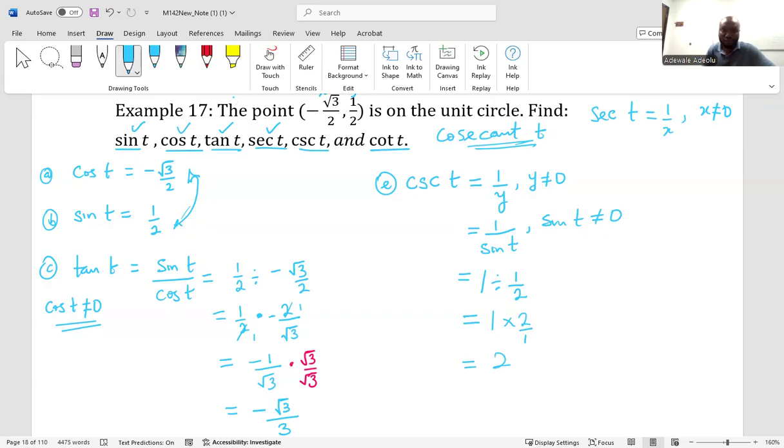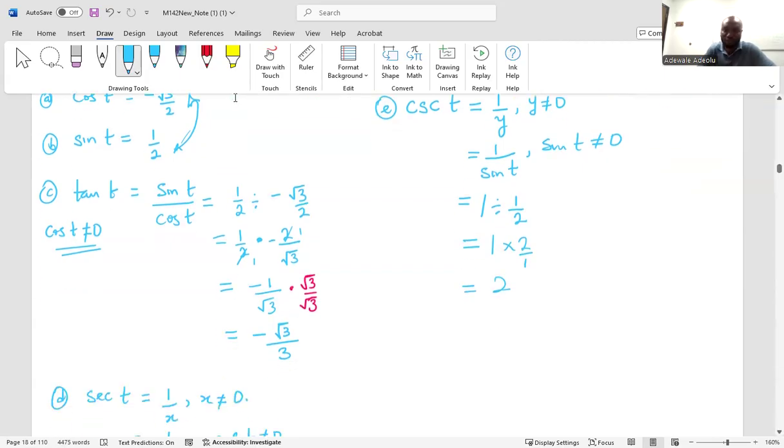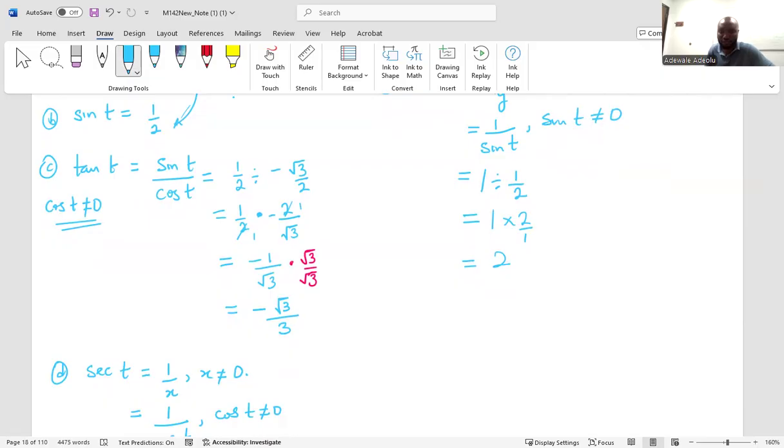And lastly, cotangent of t. Cotangent of t is 1 divided by tangent of t, where tangent of t is not 0.